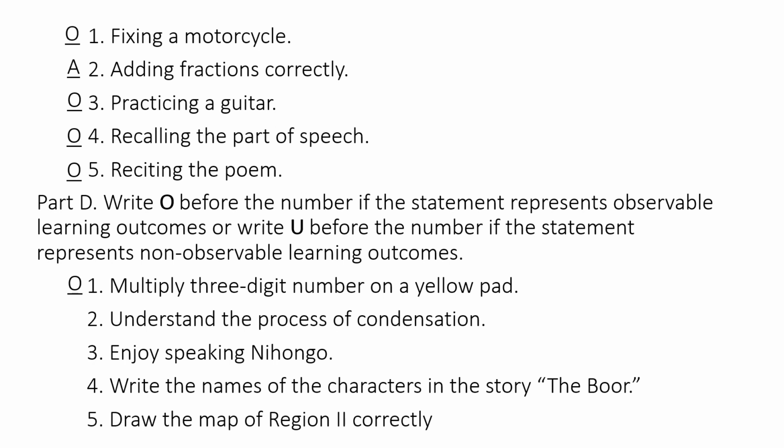It is observable. Next is understand the process of condensation. My answer here is U. This is a non-observable learning outcome. Why? Because it is impossible to see someone understanding, from the word understand, the process of condensation.